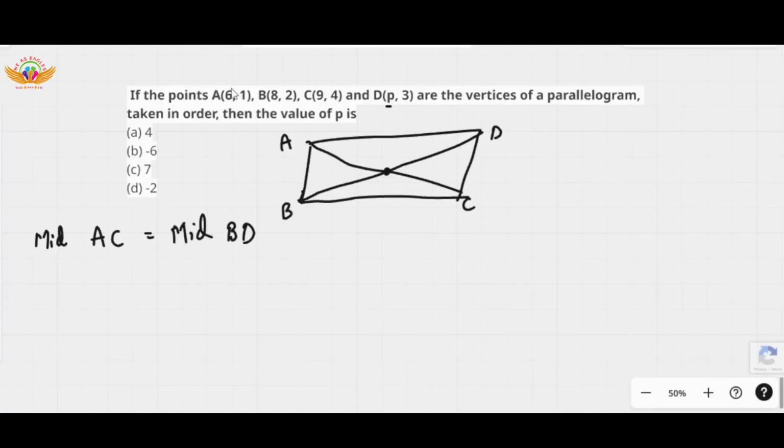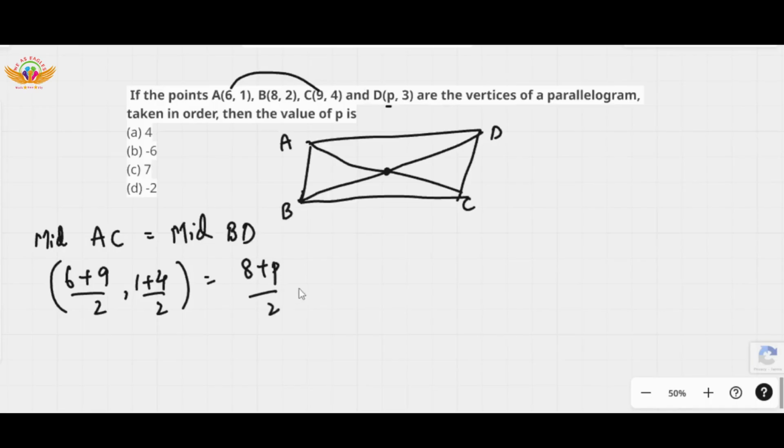So what is the midpoint of AC? We know the midpoint formula. So 6 plus 9 by 2 comma 1 plus 4 by 2 is equal to the midpoint of BD, which is 8 plus P by 2 comma 2 plus 3 by 2, that is 5 by 2.